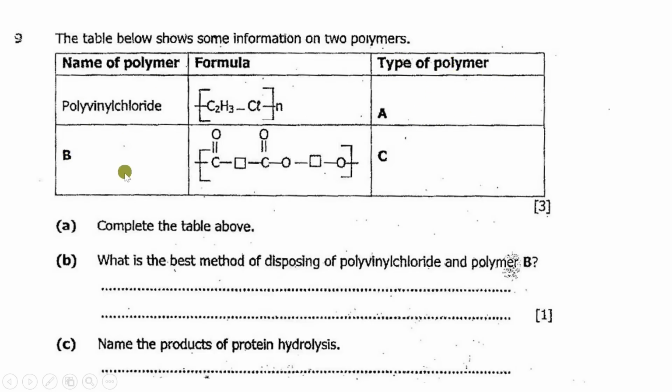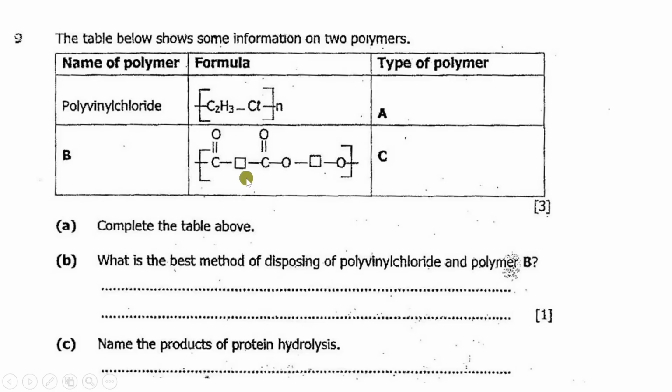Then here, the name of the polymer, they've hidden it, and they've given you just the formula. Then they're asking, for this formula, what will be the type of polymer.